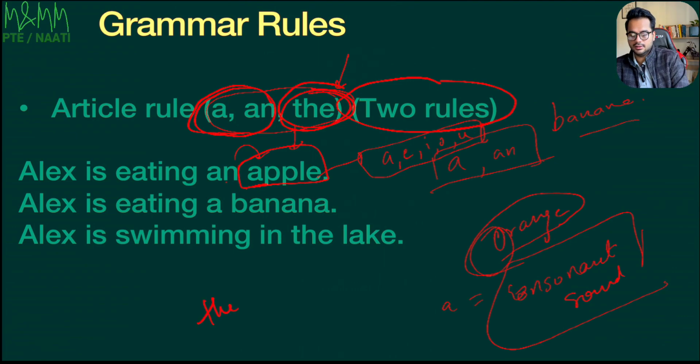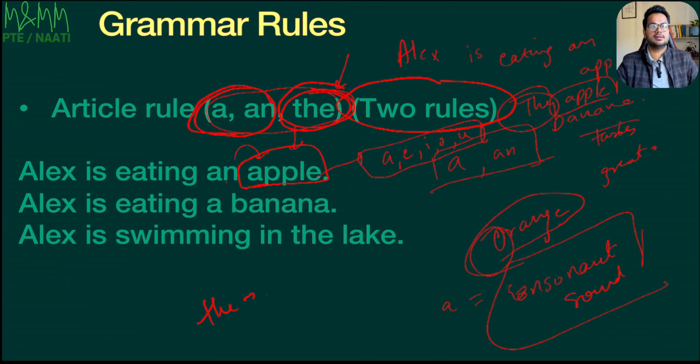And then the second rule for that is the "the" rule. Now, "the" is a definite article. An article which specifies something. So if I say "Alex is eating an apple," the apple is the apple, or the apple tastes great.